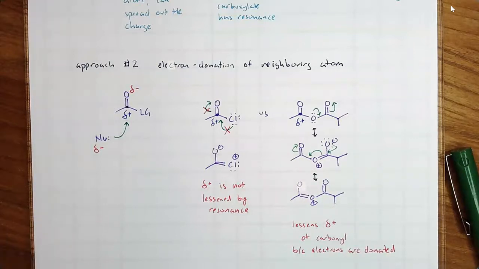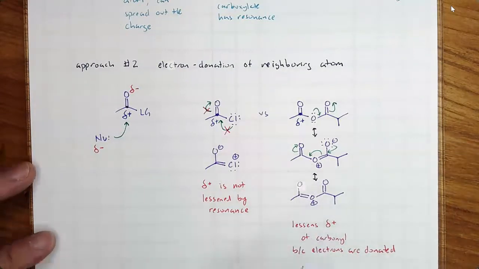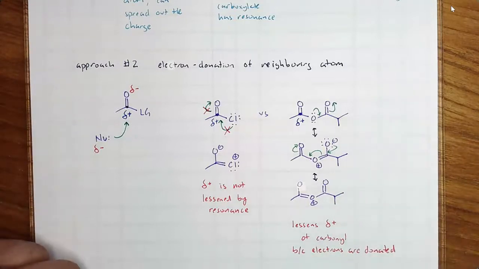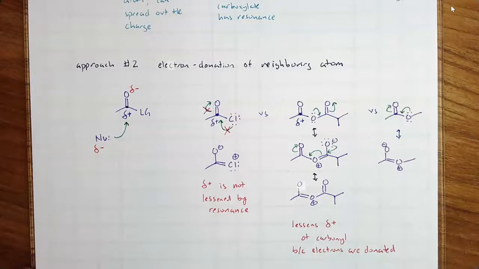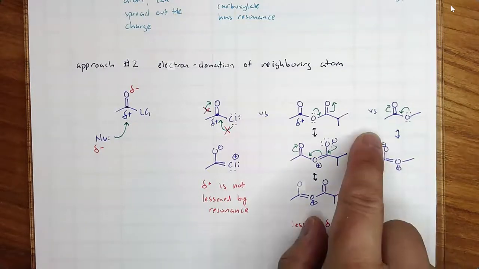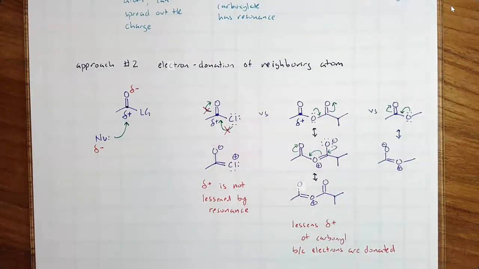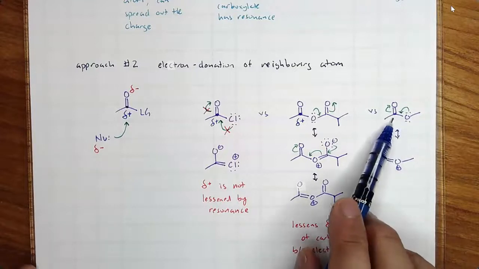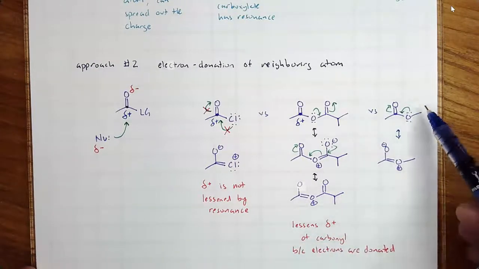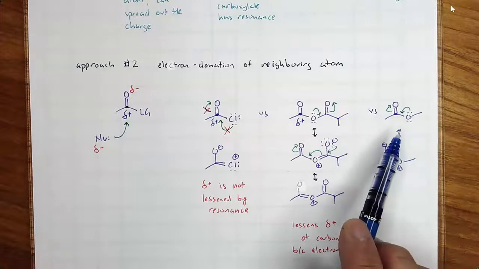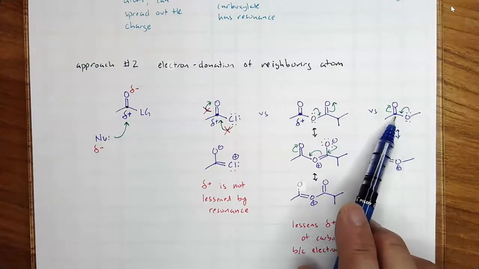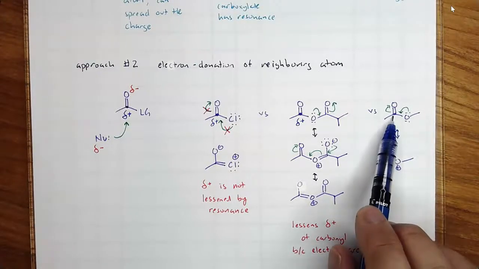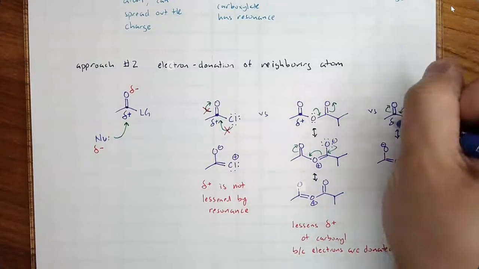Now, thinking about that idea, can you rationalize why an ester is even less reactive? Here I've drawn the ester and its resonance, and do you see how the resonance goes towards the carbonyl to the left? There's no carbonyl on the right, so anytime this donates electrons, it's always going to the left, lessening this partial positive charge.